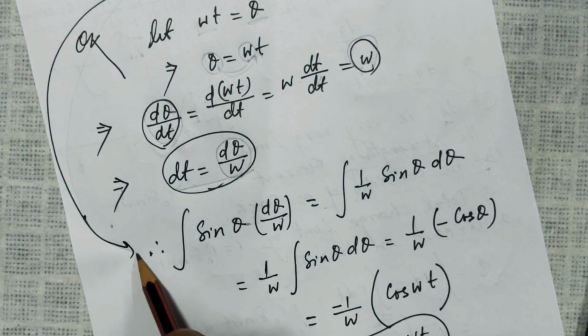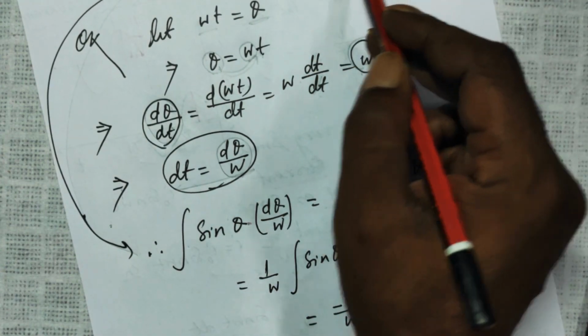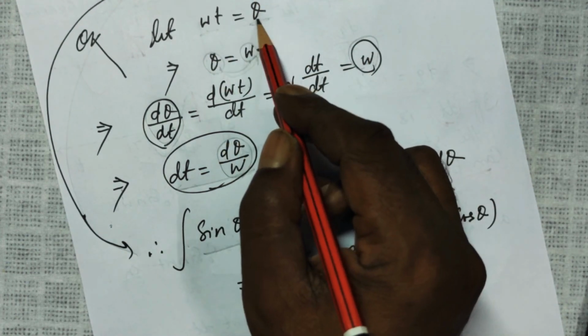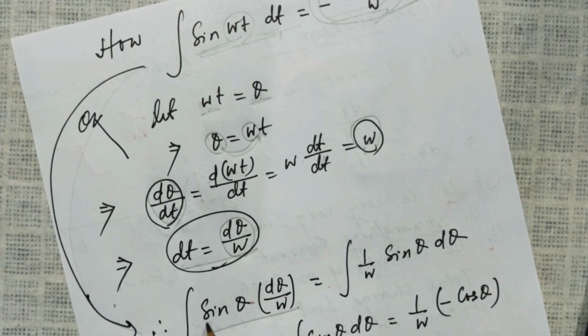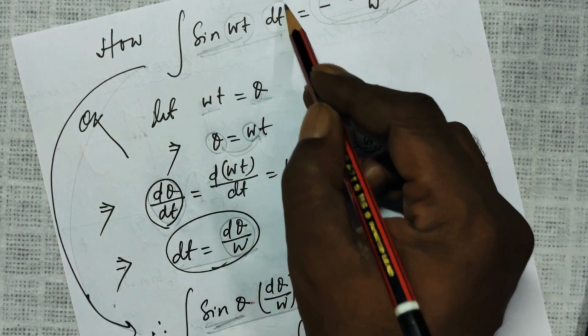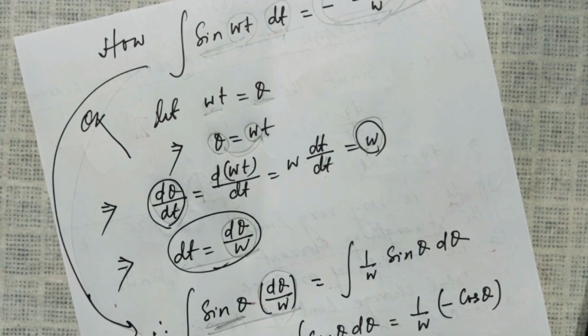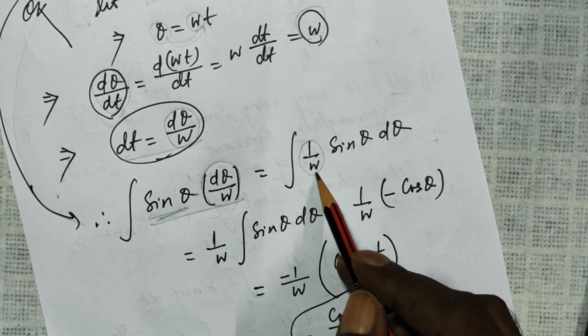So in the expression integration of sine omega t dt, for omega t I can write theta because I have considered omega t as theta. So integration of sine theta, and for dt I can write d theta over omega. Now it is simple. 1 over omega is a constant, taken out.